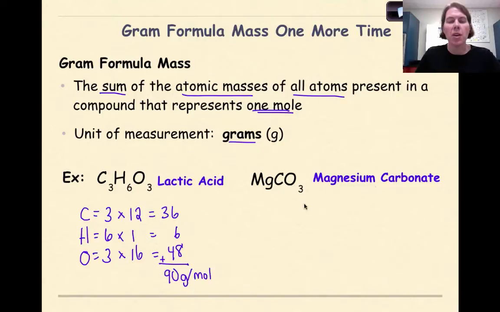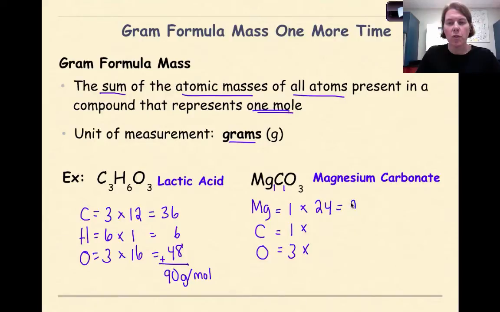Let's look at magnesium carbonate. Magnesium, carbon, oxygen. I look at the subscripts for each of the elements here, and I know that there's an assumed 1 here and a 1 here. And then I have 3 for the oxygens. 1, 1, 3. Multiplication signs for all of them, and the atomic mass of magnesium is 24.